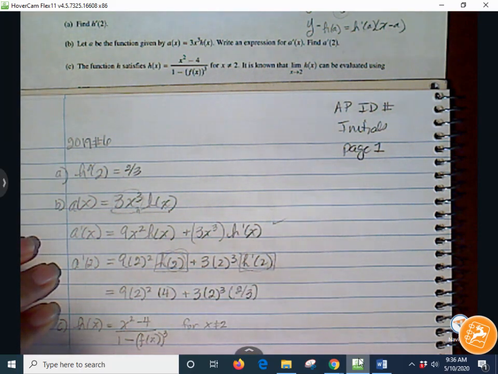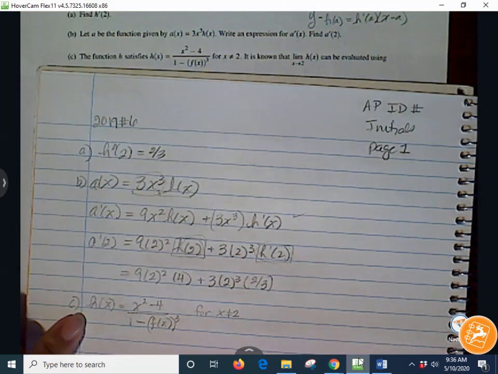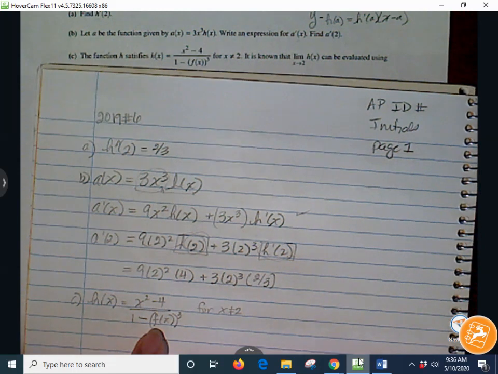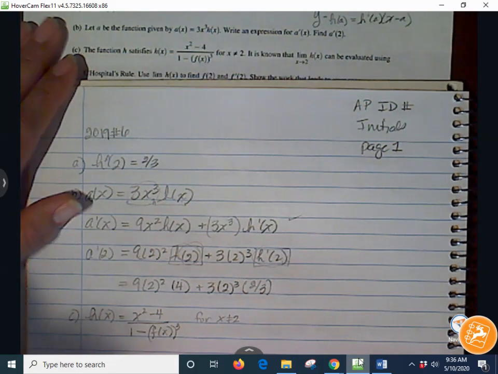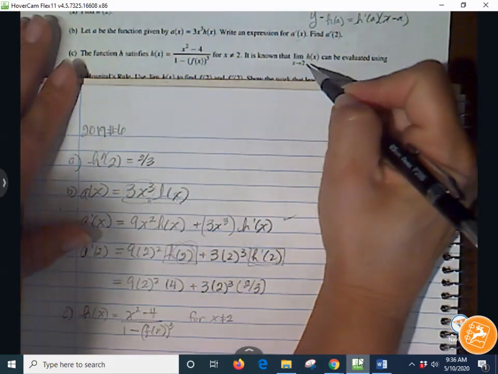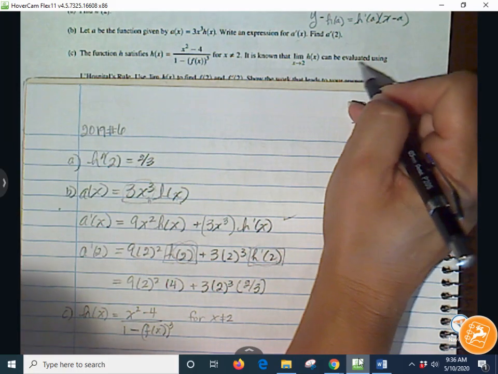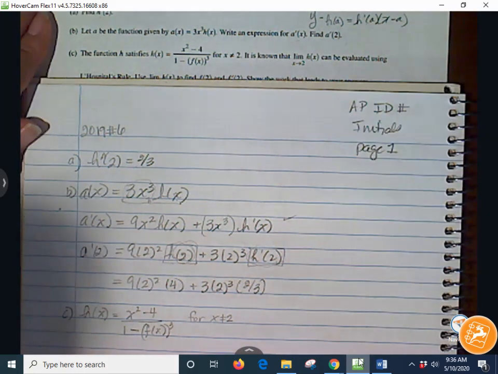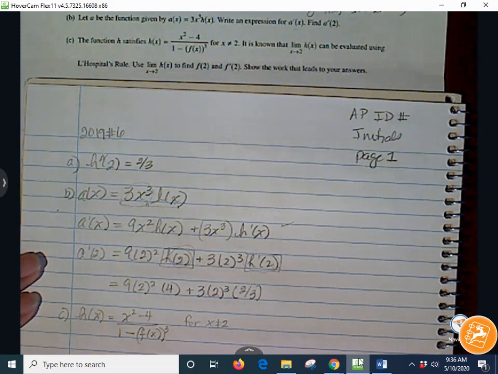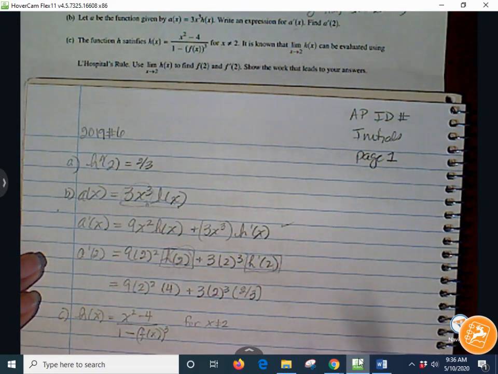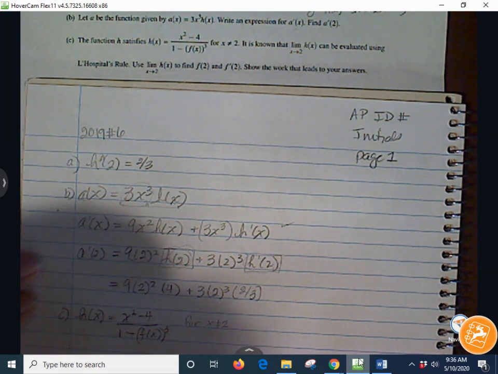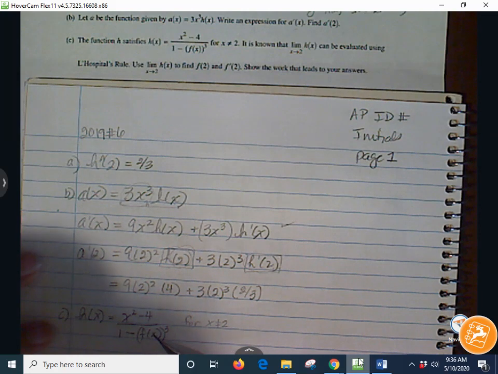Okay. All right, so I have this function, and it's in terms of a different function, okay? It is known that the limit as x goes to 2 of h of x can be evaluated using L'Hopital's rule. Okay, so what does that mean to me? I can take the limit of this, and I could use L'Hopital's rule.